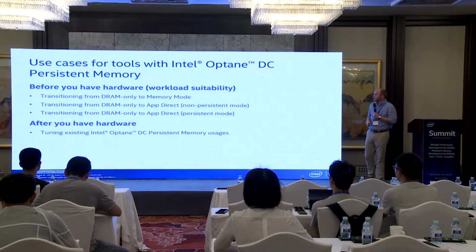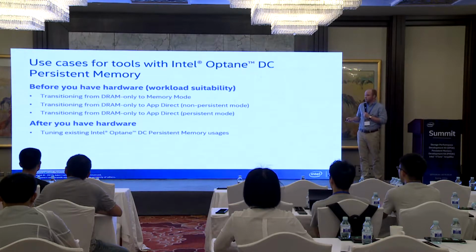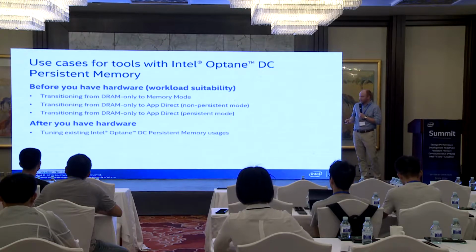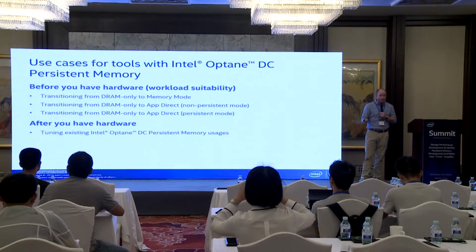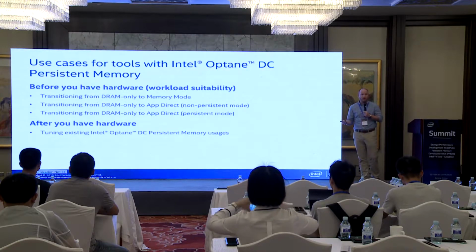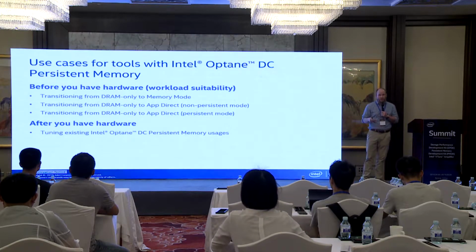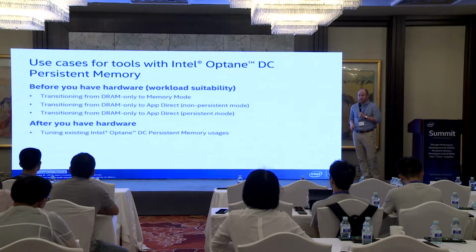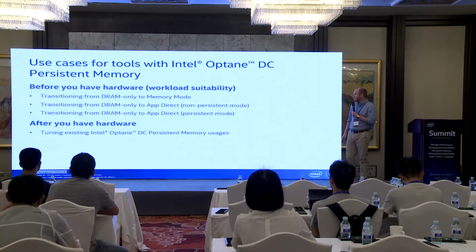Next, I'll talk about some of the use cases we have. We have use cases for our tools in two situations. One that many of you may be in today is before you have hardware, meaning before you have Optane DC persistent memory on your platform. There are still lots of things you can do to figure out whether you can benefit from this memory technology.